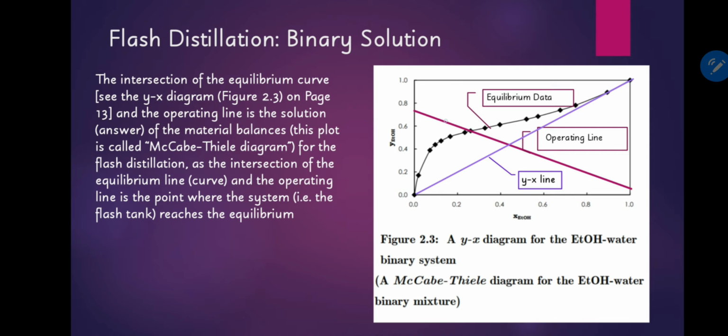The intersection of the operating line and the equilibrium line will give you now the equilibrium composition. So at this point, where the equilibrium data and the operating line intersect, that will give you the equilibrium composition.